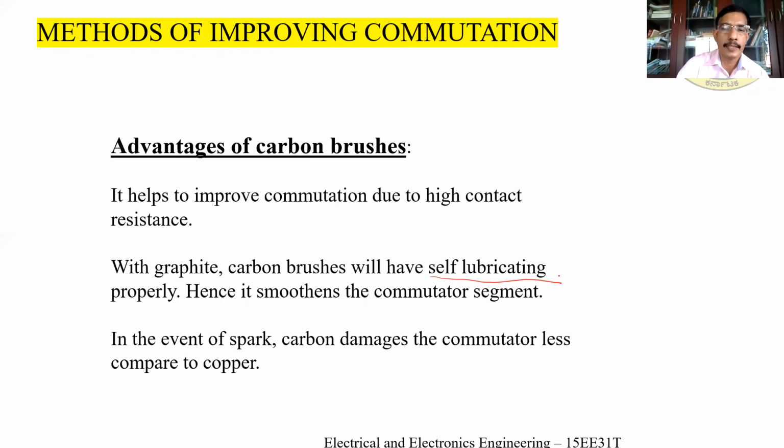Thereby, the contact improves between the commutator and the brush. Also, it smoothens the commutator segment. In the event of spark, carbon damages the commutator less compared to copper. A small amount of spark also makes big problems sometimes.